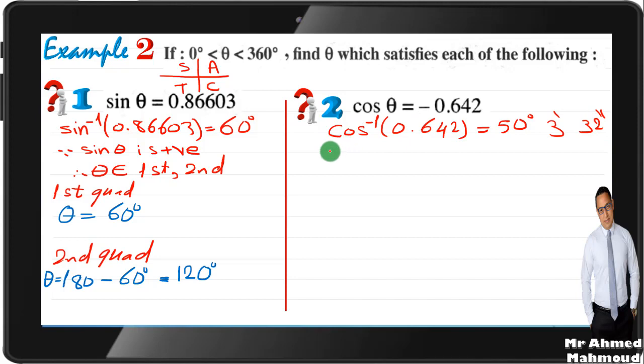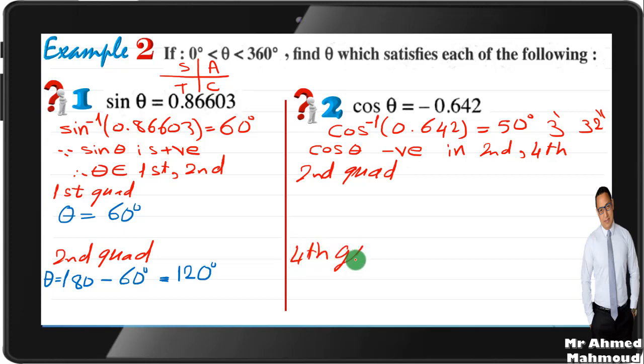Here cosine theta is negative, so it is in the second and third quads.